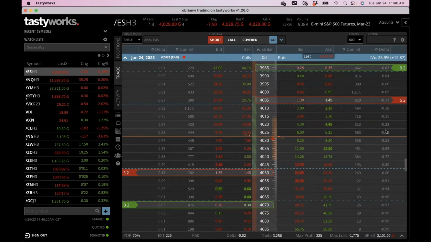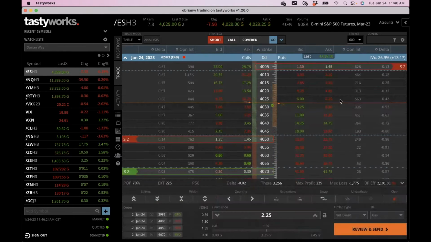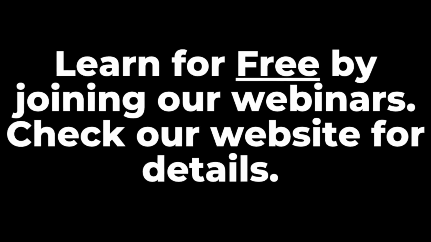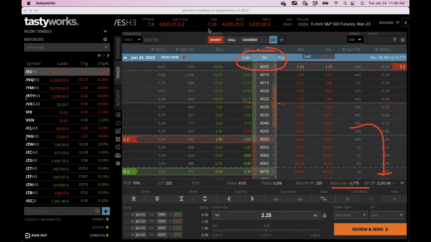Please note, when you're using the ES, it's usually going to be a little bit more buying power than your actual max loss, as you can see here, because options on futures use SPAN margining, and SPAN margining requires more buying power as you get closer to expiration. And obviously you can't get any closer to this with the expiration actually expiring today.